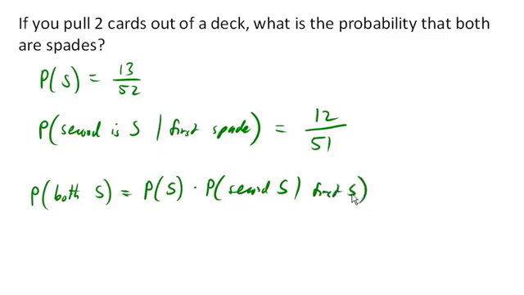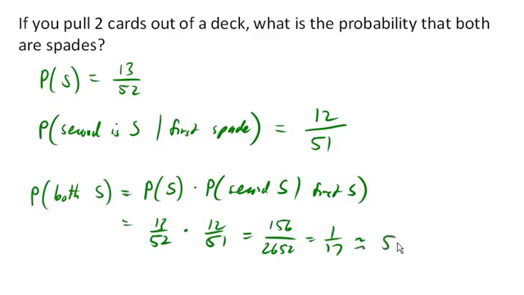So in this case, 13 out of 52 for the first spade, 12 out of 51 for the second spade, gives us a probability of 156 out of 2652, or 1 out of 17, or about 5.9% probability of getting two spades when we draw two cards.